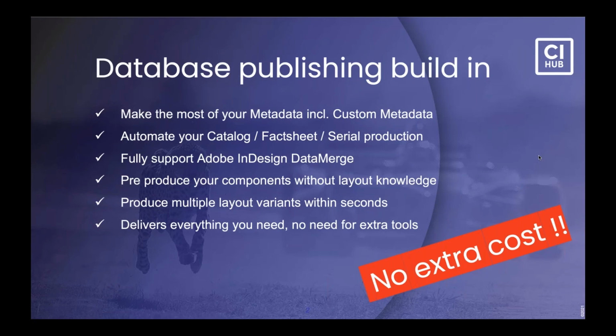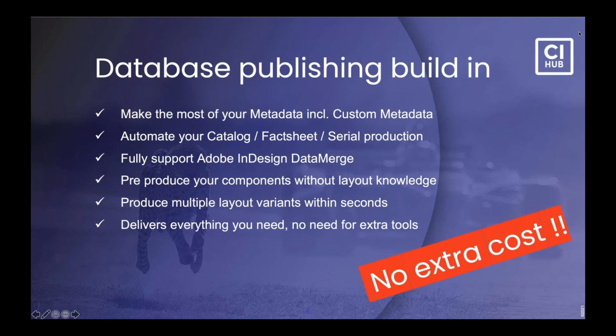It automates the production of catalogs, fact sheets, and anything that is serial. And Gert showed that all of the documents were on one page. You can just click one more button and it would create a fact sheet for each of the products. It's really click and go. It's really easy.